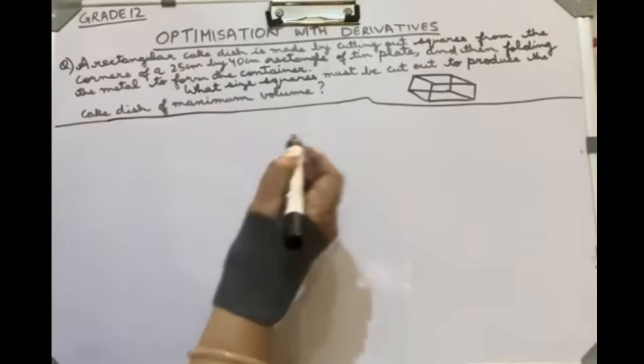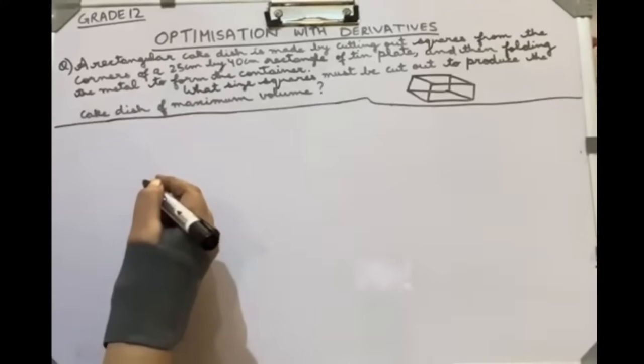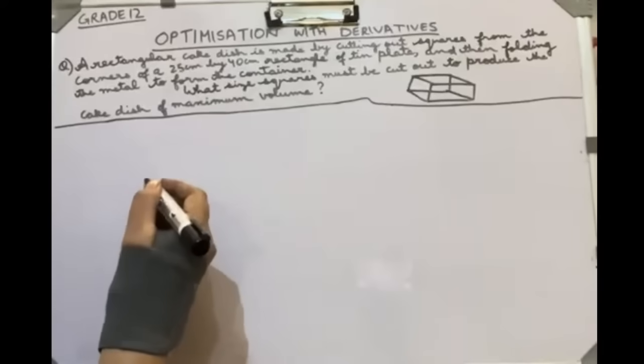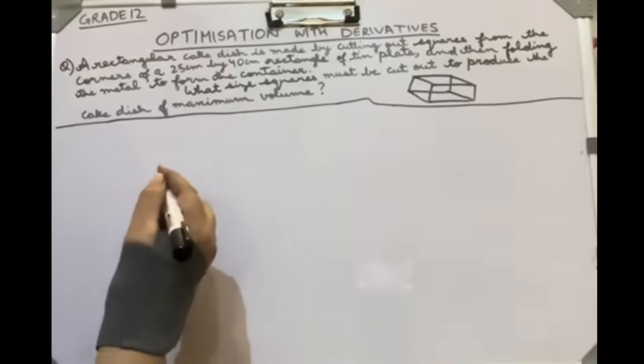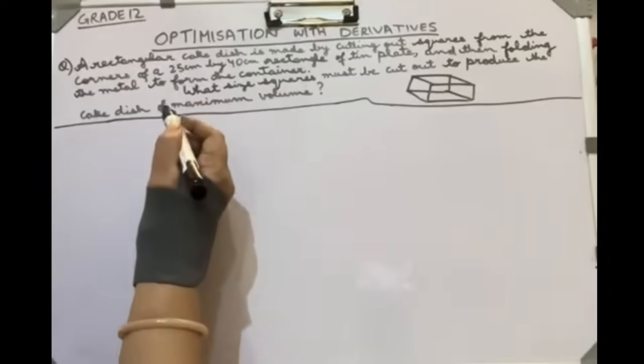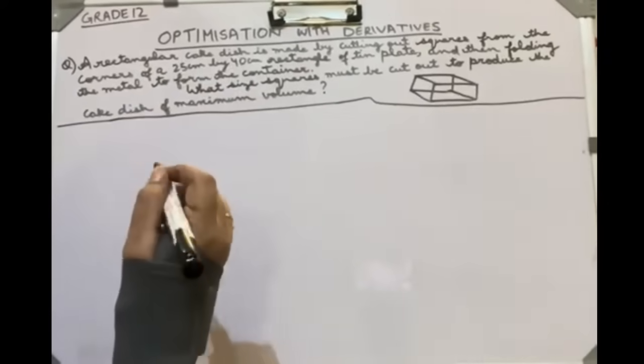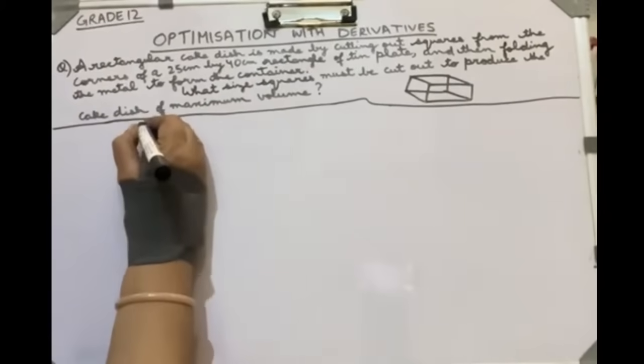So how do we solve? This is the given rectangle. Now we draw the figure of the rectangular cake dish, which is made by cutting out squares from the corners of this rectangle, which is 25 cm by 40 cm in dimension. We just draw a rough sketch.